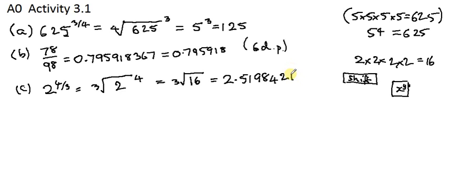Now if we look at the question, it does ask us to give the answer correct to 3 decimal places. So from the decimal point, the first decimal place is 5, the second one is 1, the third one is 9, that's 3, but then we have to look at the fourth position.